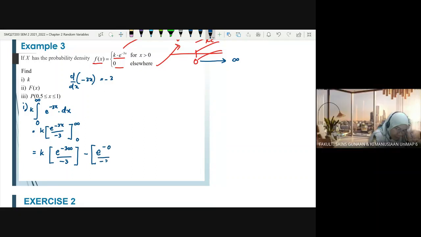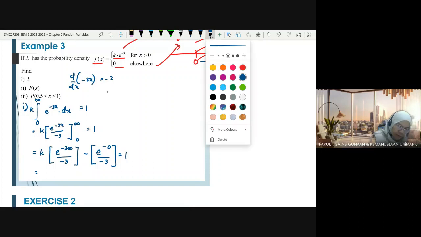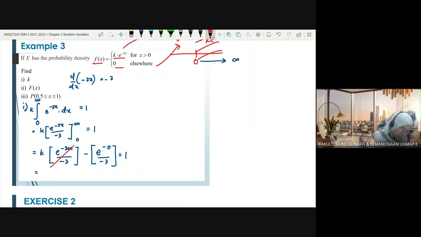So negative 3 here. Can you solve this? This should be equal to 1. So this will be, let me change the color, this will be 0. And this will be what?